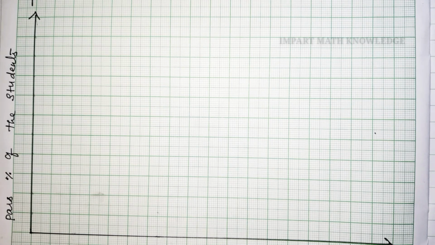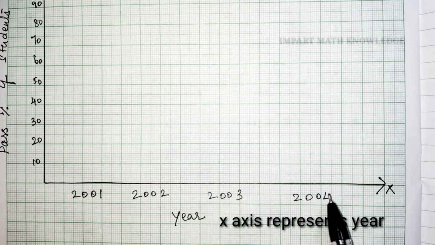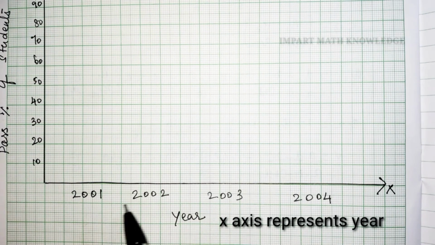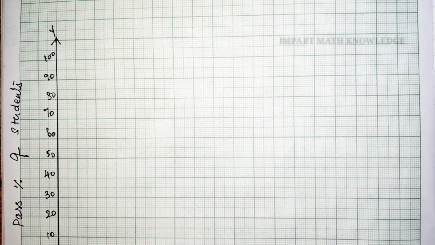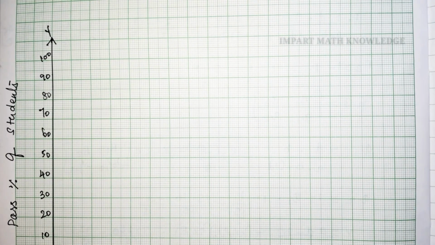So you have to mark the value up to 100. Horizontal represents year 2001, 2002, 2003 and 2004. Y-axis represents pass percentage of the students of different subjects. Here we have pass percentage of 3 subjects: accountancy, statistics and finance management.